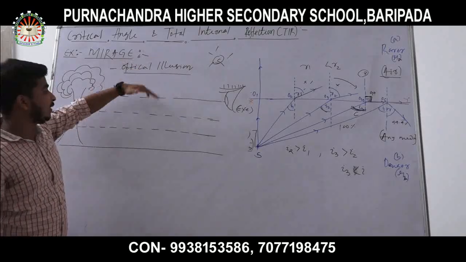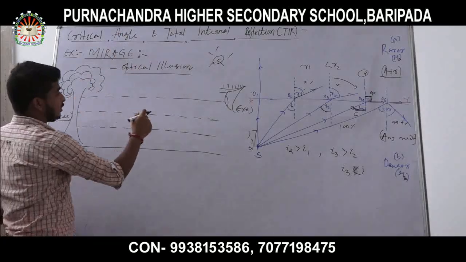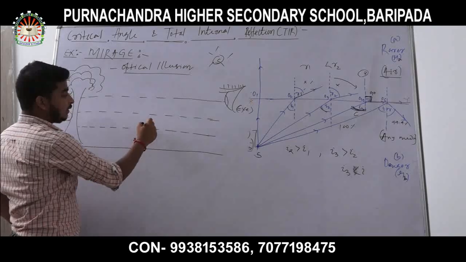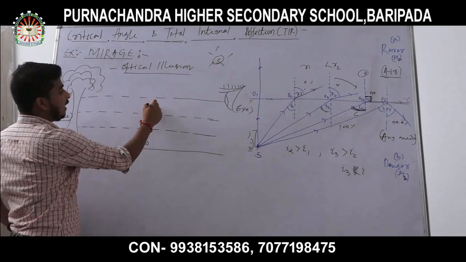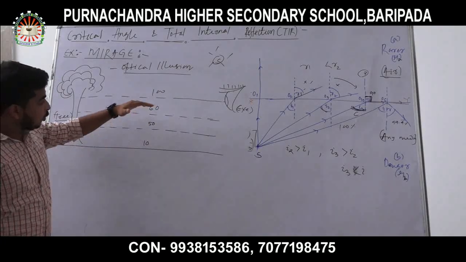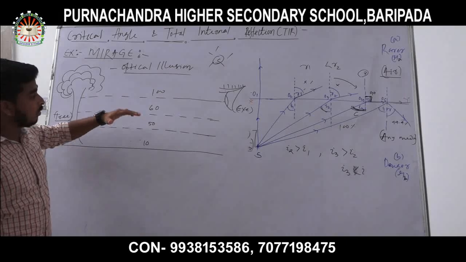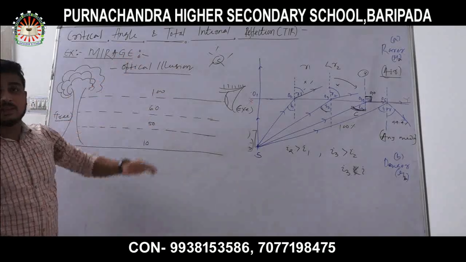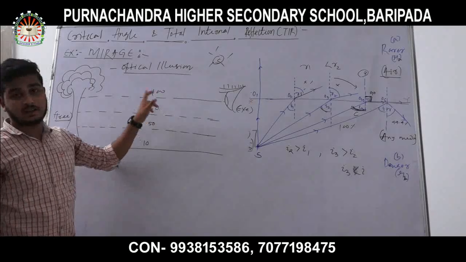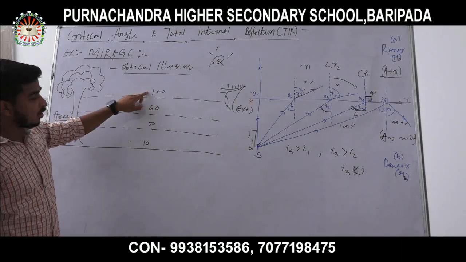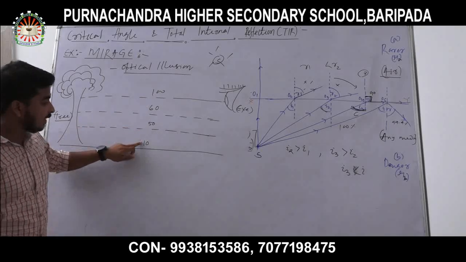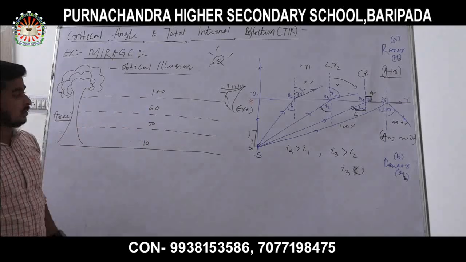Suppose the number of molecules here is 10, then here 50, here 60, and here 100, because when air molecules go up, their temperature reduces and they remain there. So suppose 100 molecules are here, 60 here, 50 here, and 10 molecules here.